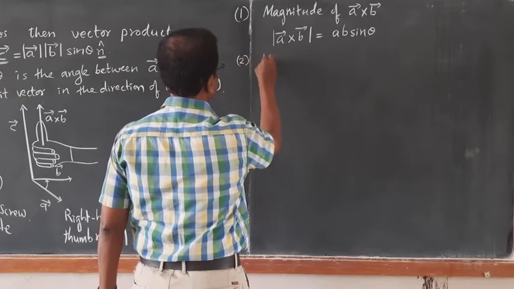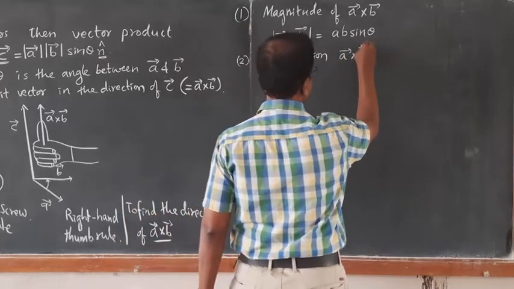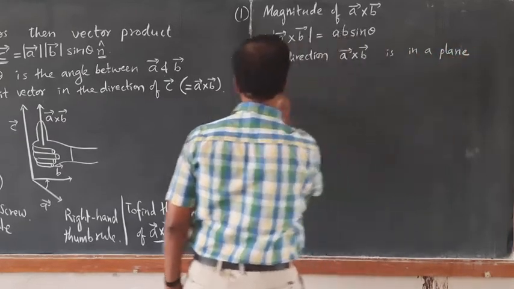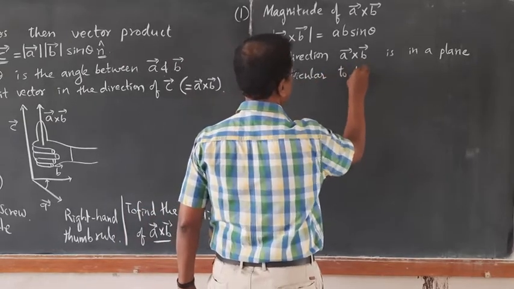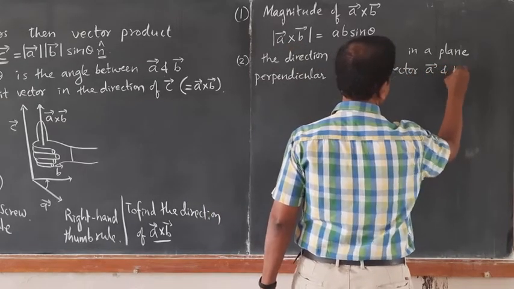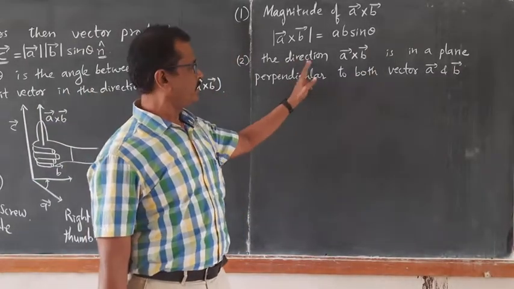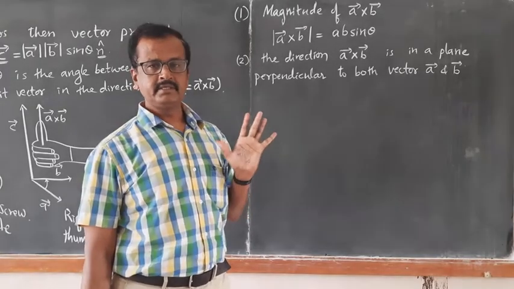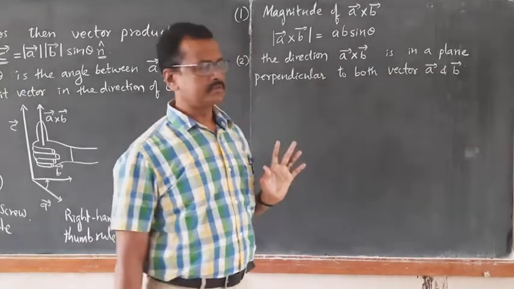And second one, the direction of A cross B is in a plane perpendicular to both vectors A and B. Means suppose vector A and B are in a single plane, then vector A cross B is C. That C is perpendicular to the plane containing A and B. It implies A cross B is perpendicular to A also, A cross B is perpendicular to B also.